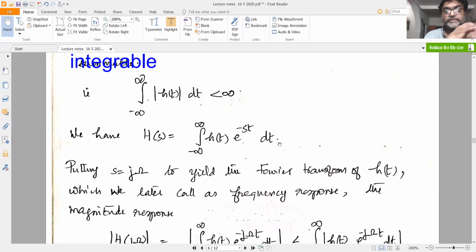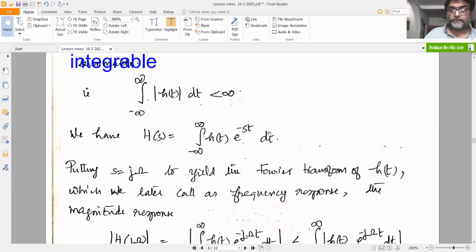So putting s equal to j omega in H(s) will give you the Fourier transform of h(t). So later in the fourth module itself, we will call this H(j omega) the frequency response of the system.